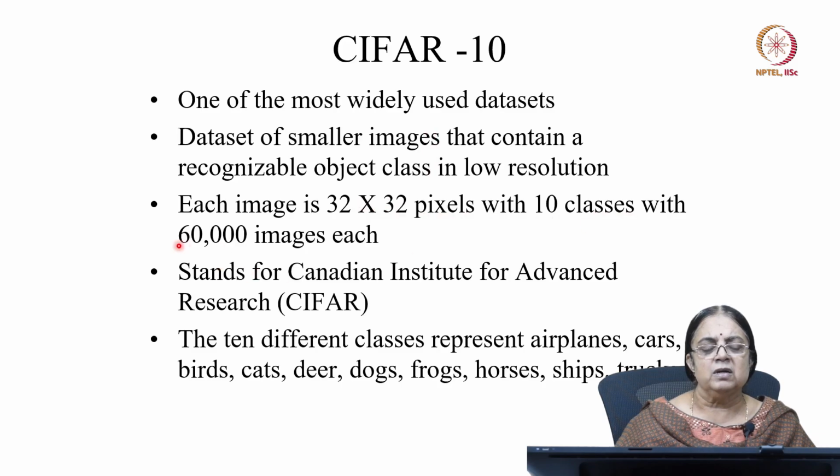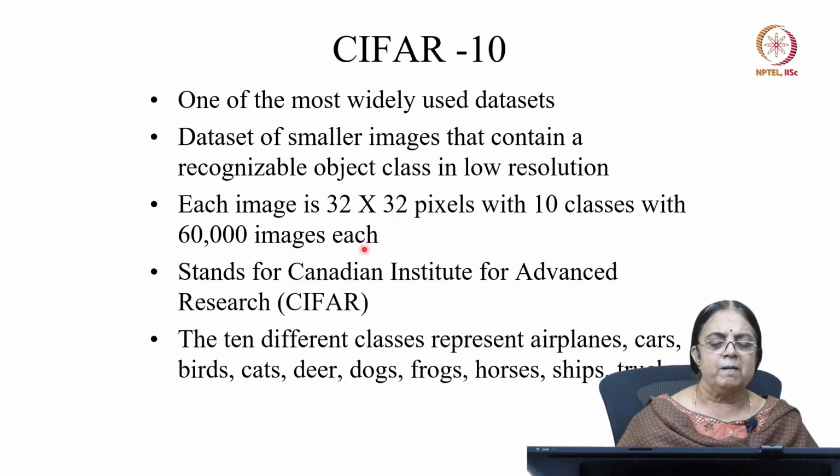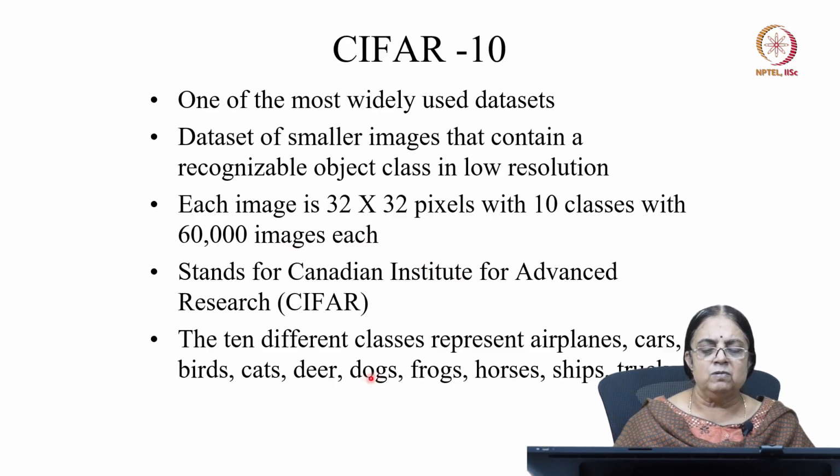Okay, and there are 60,000 images for each of the 10 classes, right? So what are the classes you have? You have things like airplanes, cars, birds, cats, deer, dogs, frogs, horses, ships and trucks, right?